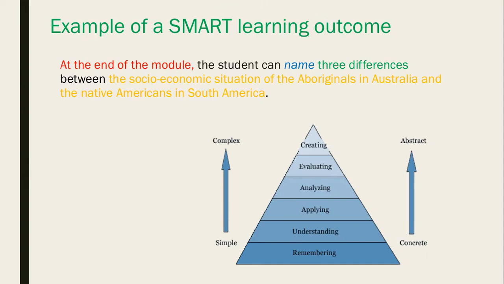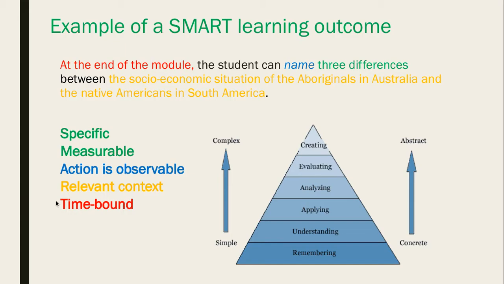Here's another. At the end of the module, the student can name 3 differences between the socioeconomic situation of the Aboriginals in Australia and the Native Americans in South America. Well, again, what makes it smart? It's time-bound. The action is observable. We can see them doing this.